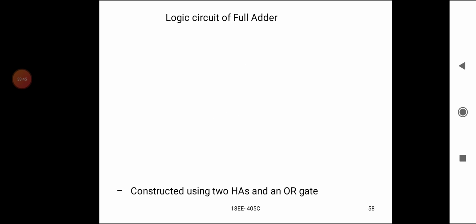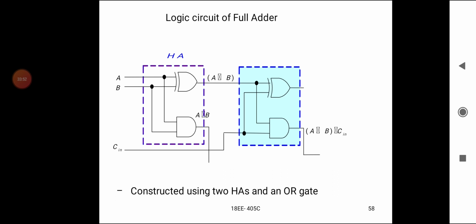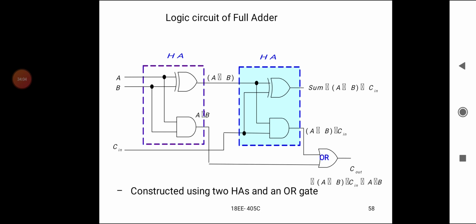Logic circuit of full adder. In order to construct a full adder using half adders, you require 2 half adders and 1 OR gate.